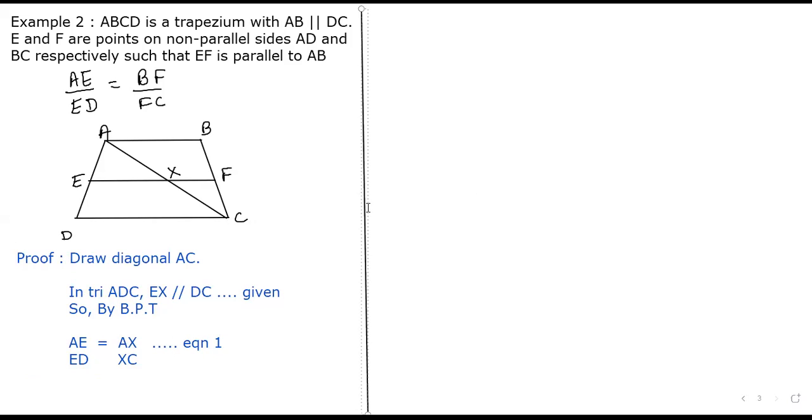And in triangle CBA, again XF is parallel to BA. This is given to us. So by BPT.